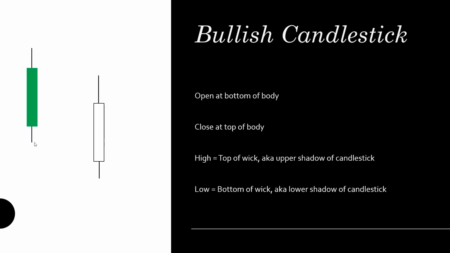The bottom of the wick is used to identify the low. The top of the wick identifies the high. If it is a green or a hollow candlestick, then your open is going to be at the bottom of the body, which is the green portion of the candlestick, and the close is going to be at the top, okay? That is considered a bullish candlestick.